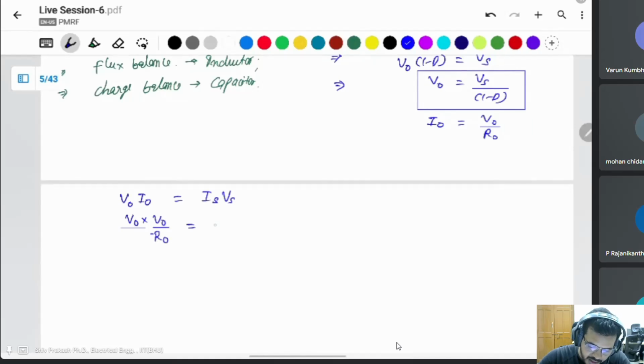This will be Is, same thing we can say Vs divided by Rs, the total source resistance, the equivalent resistance at the source side, into Vs.